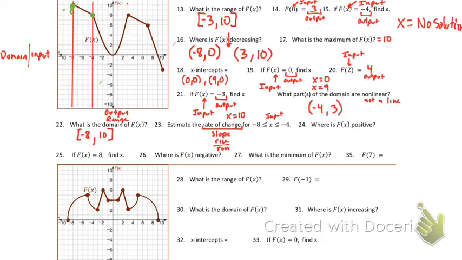Okay, down -2. Let me make that a little cleaner. So down -2. And then I have to go over 1, 2, 3, 4. So 1, 2, 3. I have to go over 4. So my rise is -2. My run is +4.